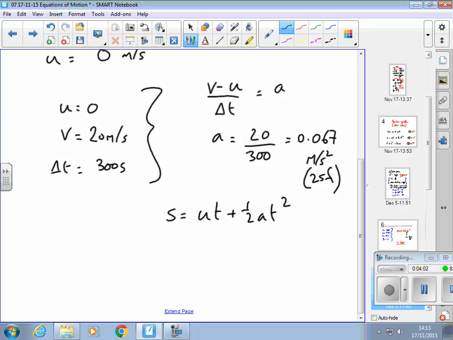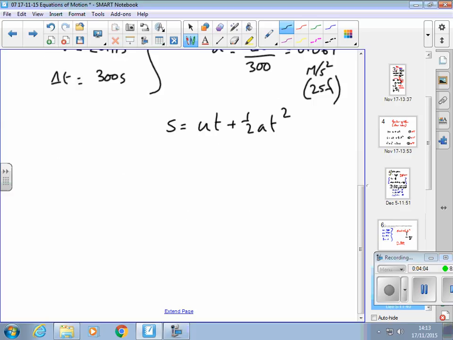So we've got, yeah, we can use the formula that average velocity equals displacement over time. In other words, displacement equals average velocity times time. We know the time, and can we find the average velocity?